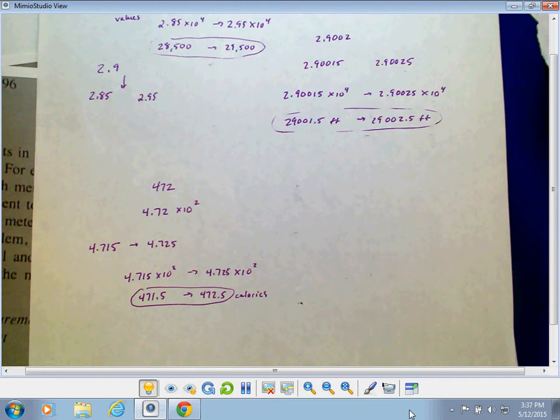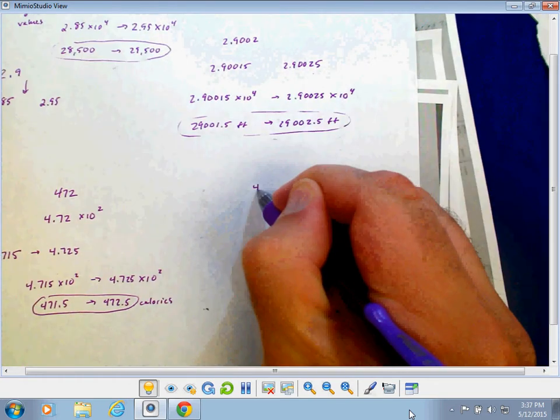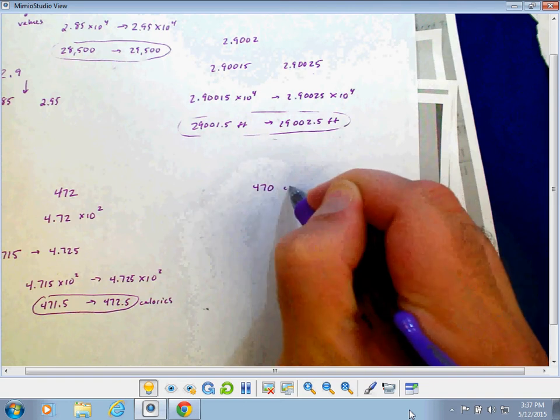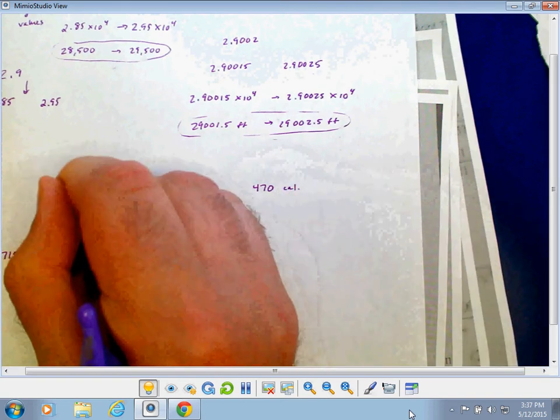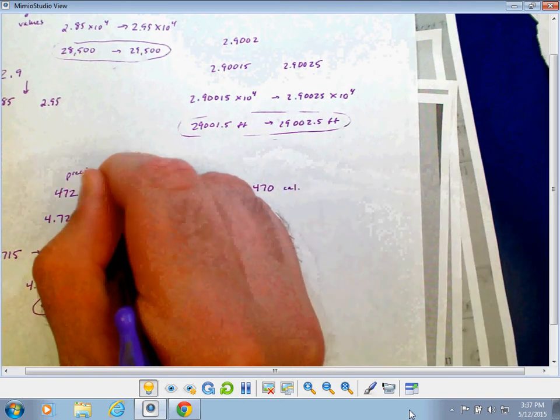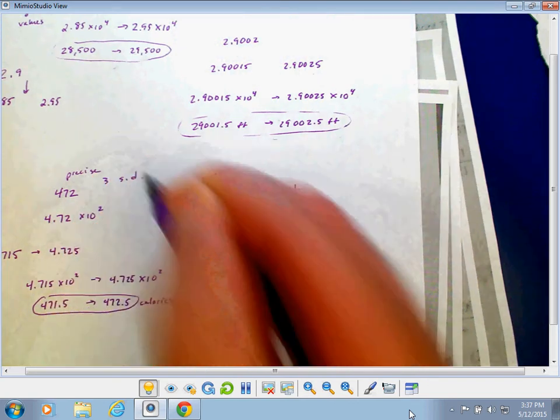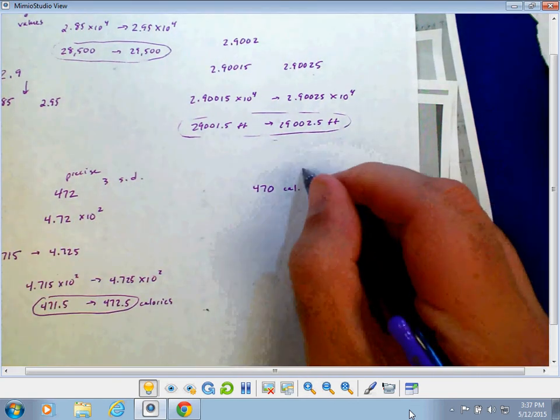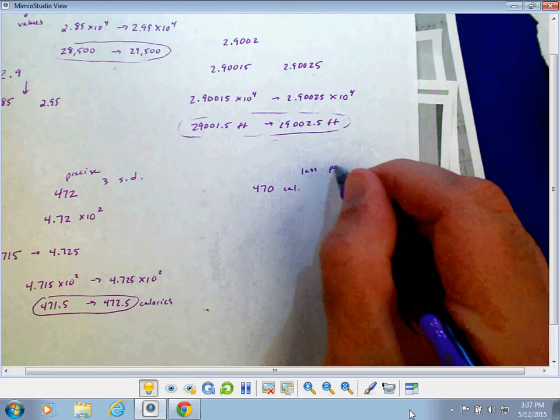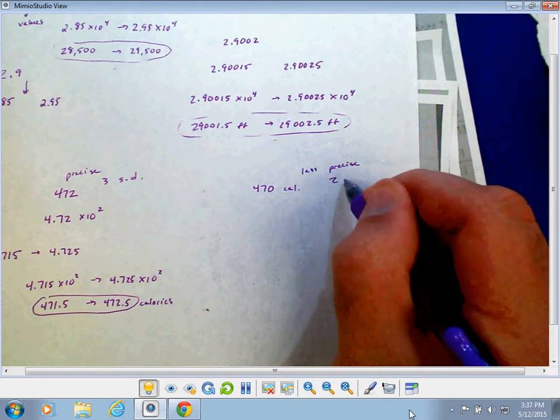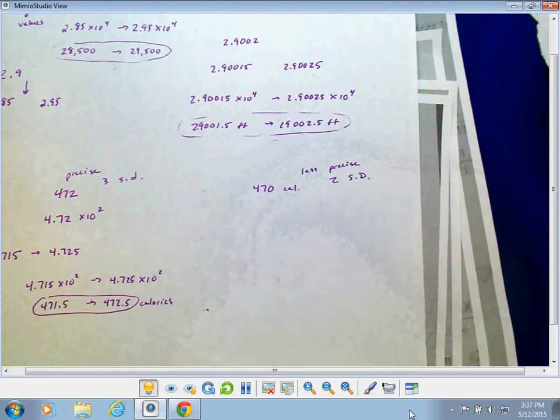Like, what's the difference amongst 3 lousy calories? So, what if you change that and just said 470 calories? So this is precise, 3 significant digits. This is less precise because there's only 2 significant digits.